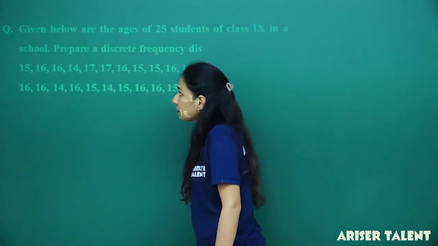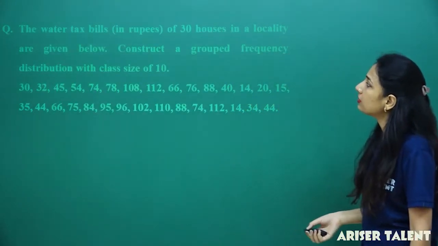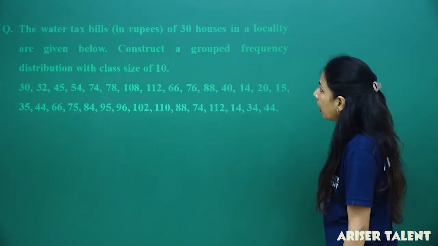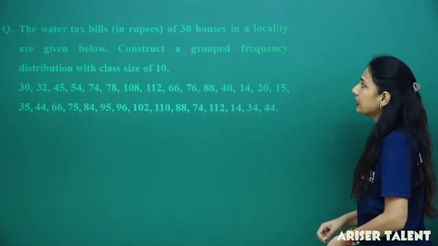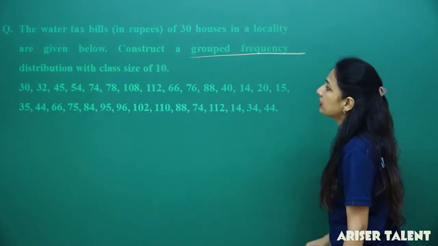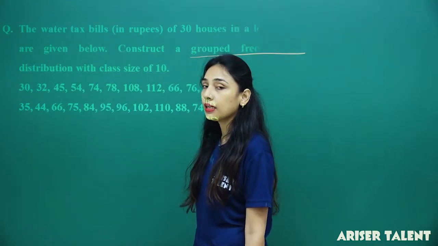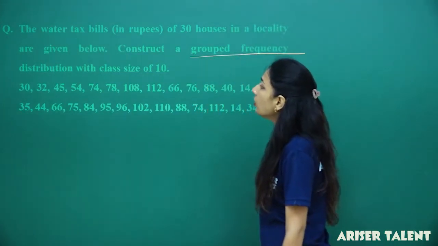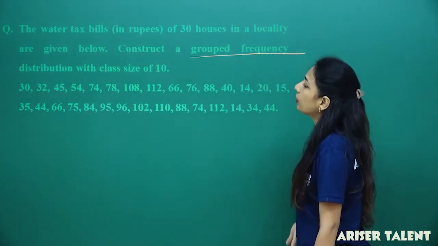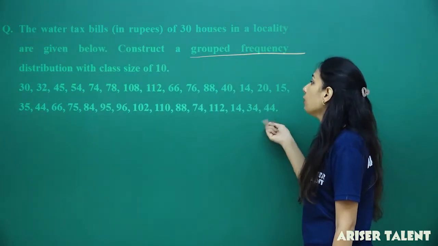Okay. Now the next. The water tax bills in rupees of 30 houses in a locality are given below. Construct a grouped frequency distribution with class size of 10. Now it's a grouped frequency, jumped from frequency to grouped frequency. The class size is 10. Now these are the charges 30, 32, 45, 54 and so on till 44.